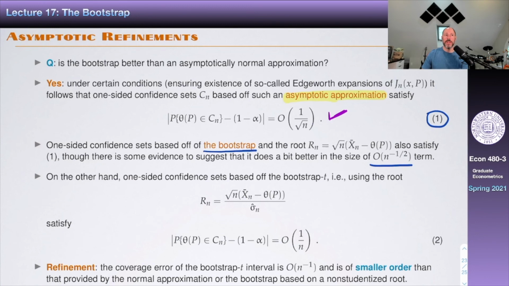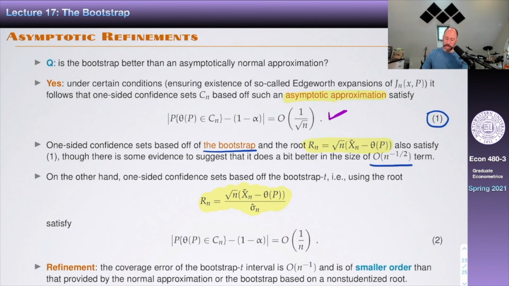Now, if instead of using this root, which is the one that we use in the proof of the theorem, we use a studentized root, the one that has an asymptotically pivotal distribution, then you can show that the error in rejection probability of the Bootstrap is actually of order 1 over n.